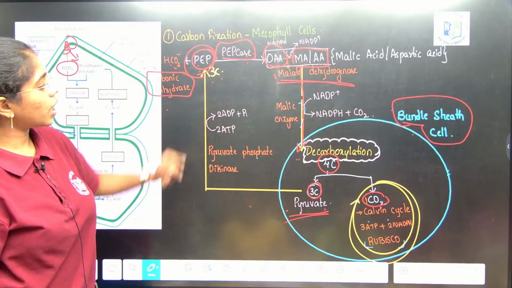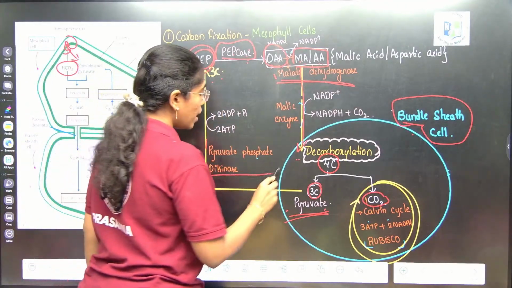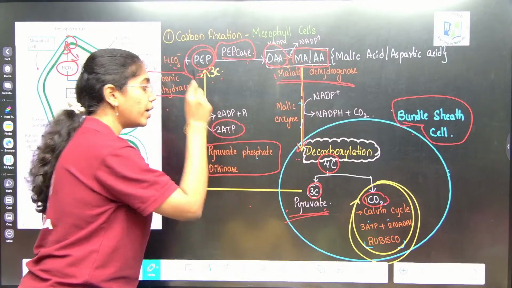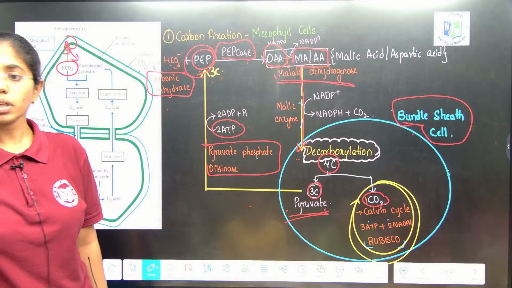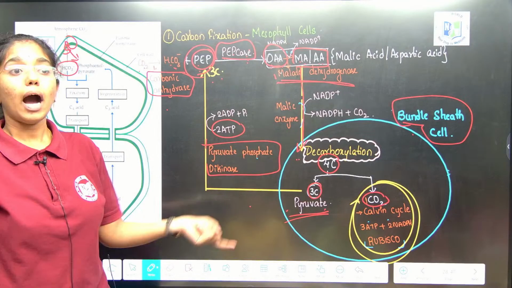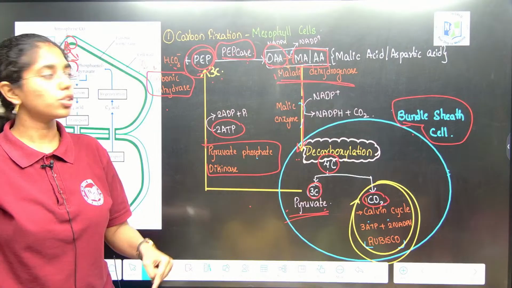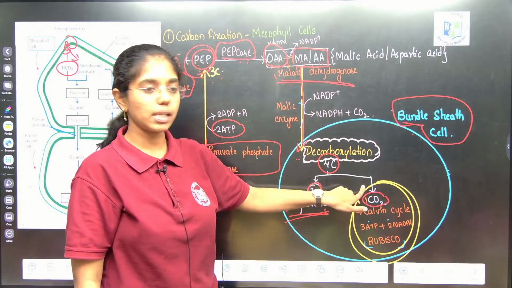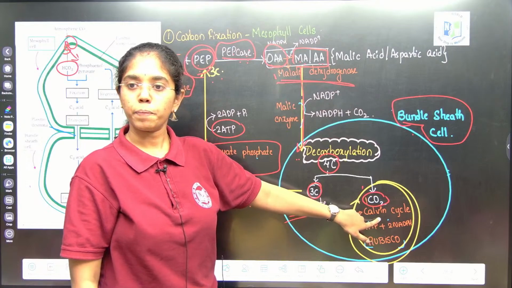For this regeneration step, there is an enzyme required, pyruvate phosphate dikinase, and how much ATP is required? 2 ATP. So here, how many times carboxylations occurring? 2 carboxylations, one in the mesophyll cell, one in the bundle sheath cells in Calvin cycle, right ma?